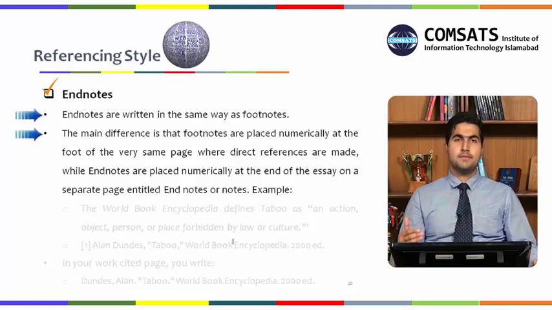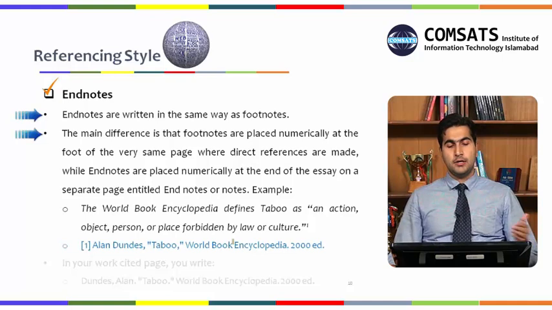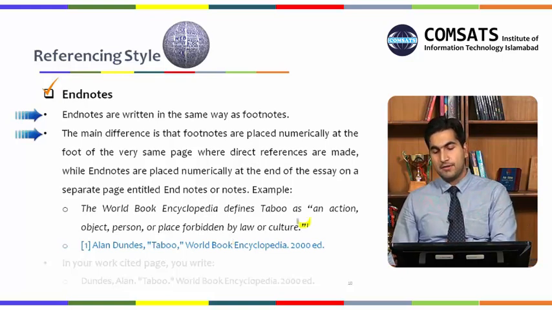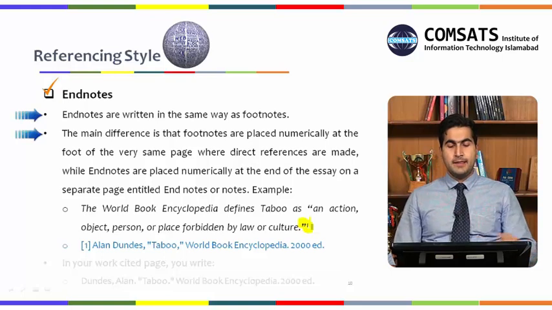So these basic references are provided in case of a footnote at the foot of a page, whereas in case of endnotes these are placed numerically at the end of the essay on a separate page entitled endnotes or notes. Now giving you the example, you have the word book encyclopedia defined this taboo as, and then the definition is here, and then you have this number 1 in superscript, and then you have a reference which would come, of course.